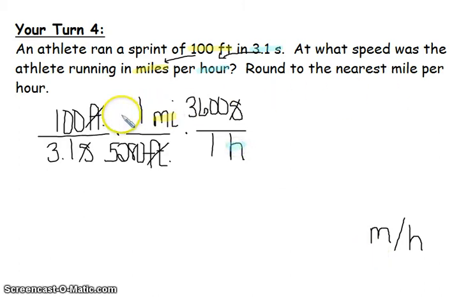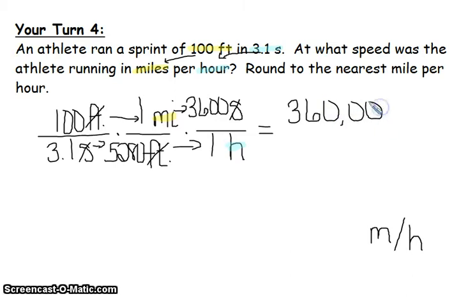All right, so multiplying fractions in middle school, you all were taught to go straight across. So if I multiply my numerator, I have 100 times 1 times 3,600, and that's going to give me 360,000. And the units we have on top are miles.